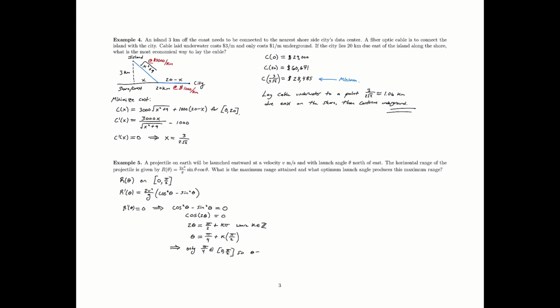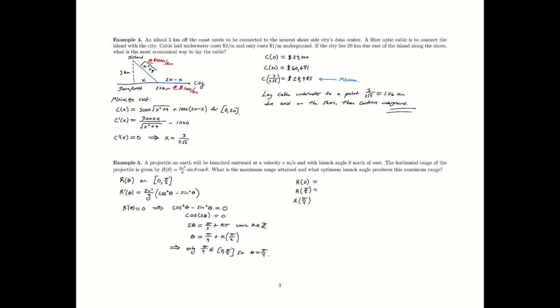So theta equals pi over 4 is our critical point. Now we want to compare values. So what's the range when we have an angle of 0, an angle of pi over 2, and an angle of pi over 4?